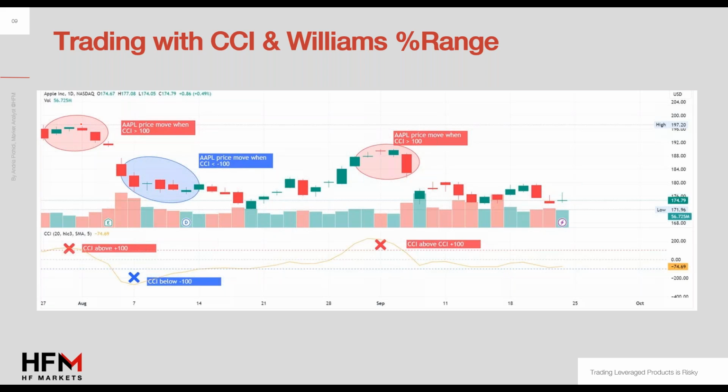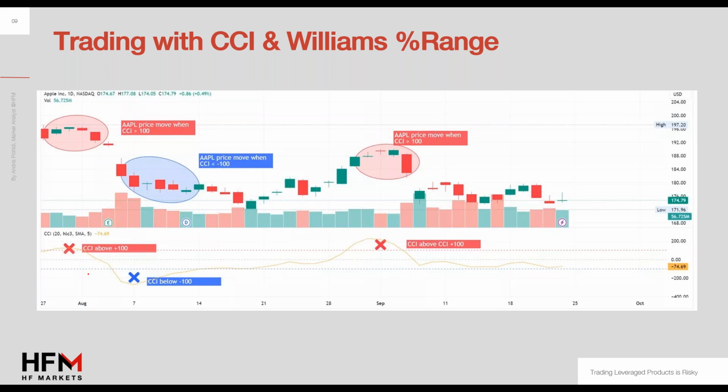But we're going to have a confirmation as soon as the CCI, in combination with the price action of Apple stock, starts turning lower, and more precisely the CCI starts to turn below the 100 territory.